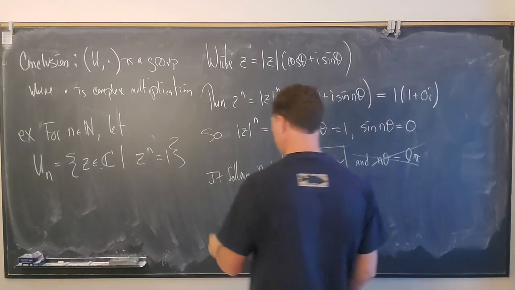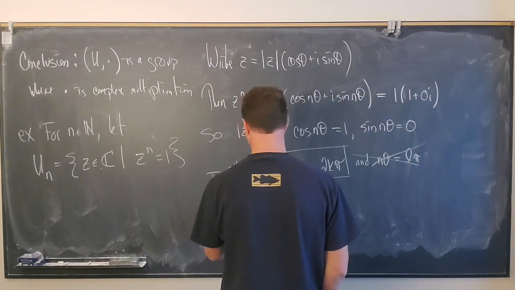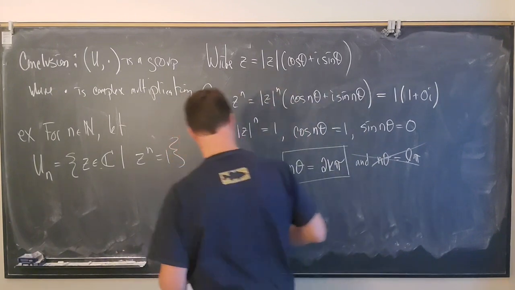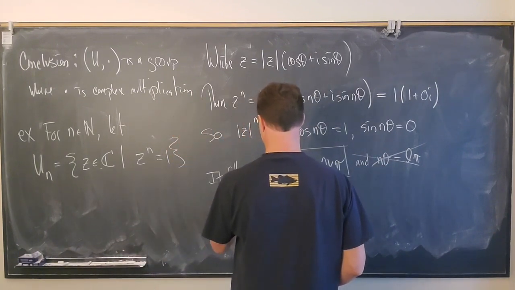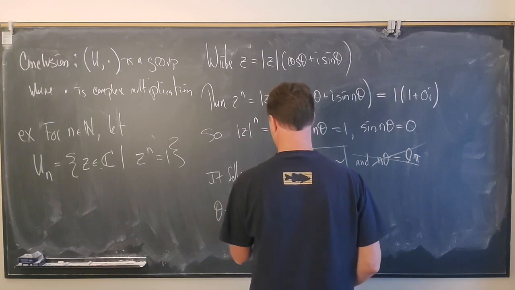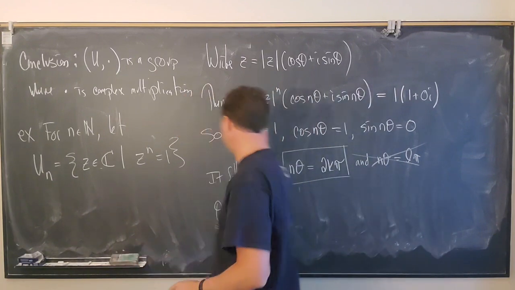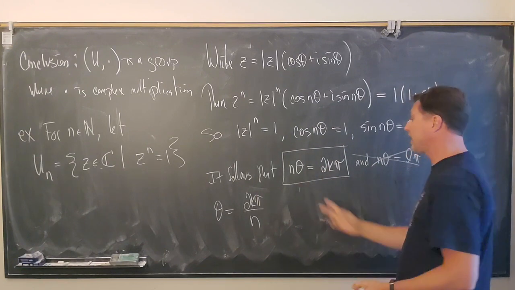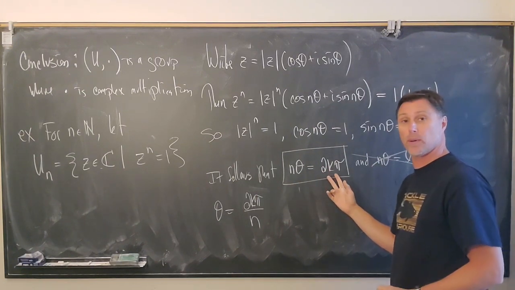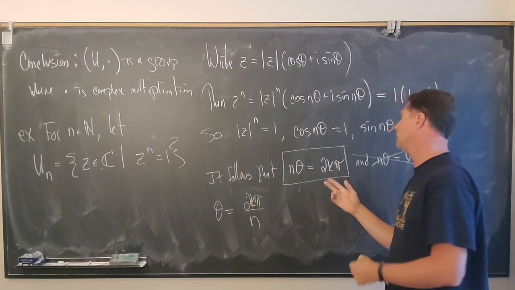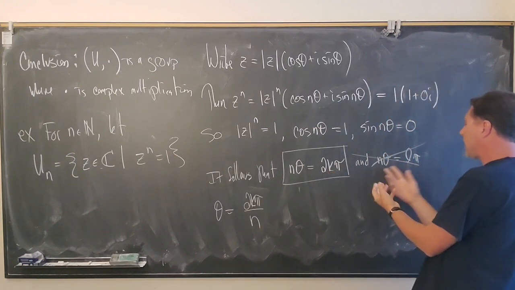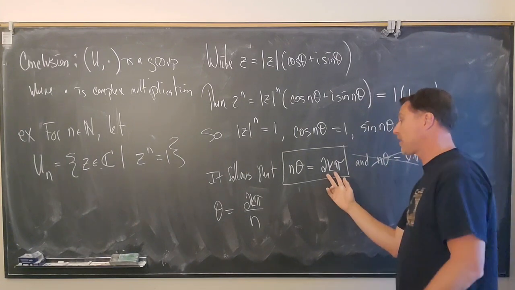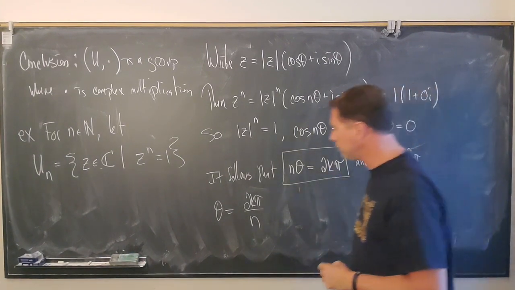And so that means that theta has to equal 2k pi over n. Hopefully it's clear why I was able to just cross this one out. We need these both to happen simultaneously. We need n theta to be an even multiple of pi, and we need n theta to be a multiple of pi. Well, to have both of those occur, we need n theta to be an even multiple of pi.